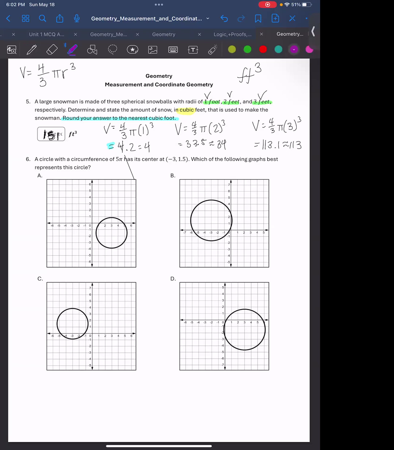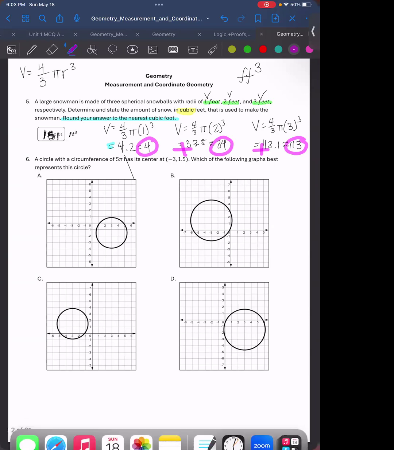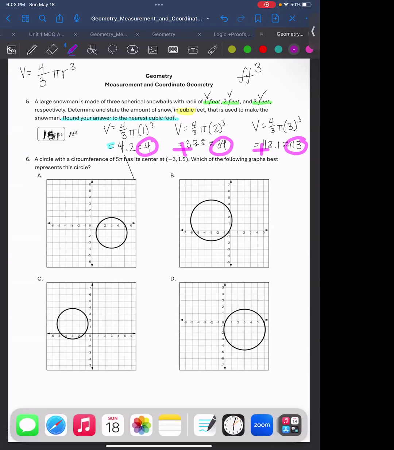Miss, I did this totally wrong. I plugged the entire equation into the calculator. How would you plug this into the calculator? You're saying the whole entire thing? Yeah, I put 4/3 pi, all that, and clearly I was wrong.